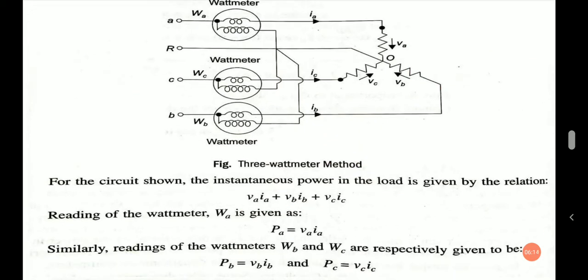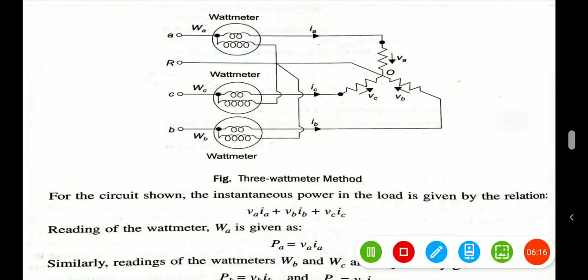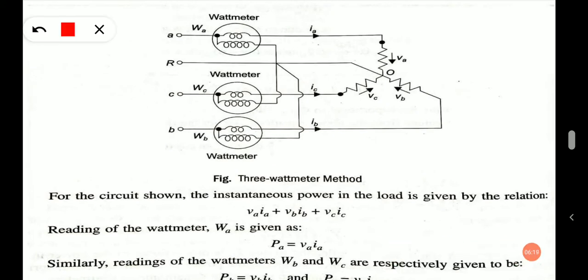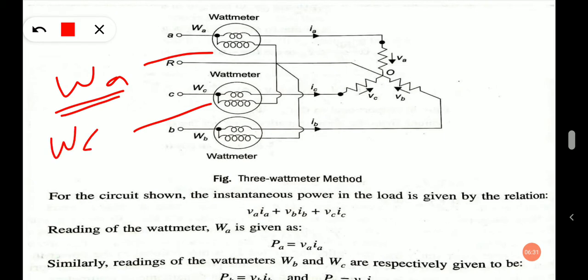The reading of wattmeter A. So here 3 wattmeters are there. First wattmeter is considered, that is WA. A for phase A and W for power measurement. So here for C phase it is WC and for B phase it is WB. So reading of wattmeter WA we can write as power of phase A, that is PA equals VAIA.